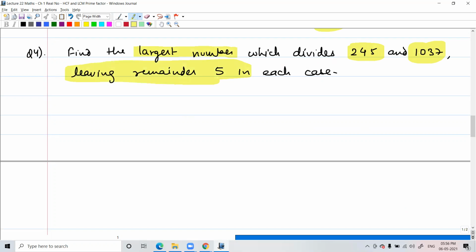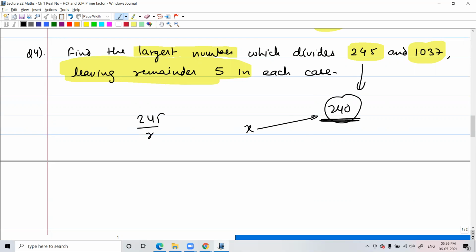So when will it leave a remainder 5? When you find some number which is 5 less than that, like 240. There is some number x which divides this 240 exactly. That means if you divide this number 245 by x, then you will get a remainder of 5, correct?